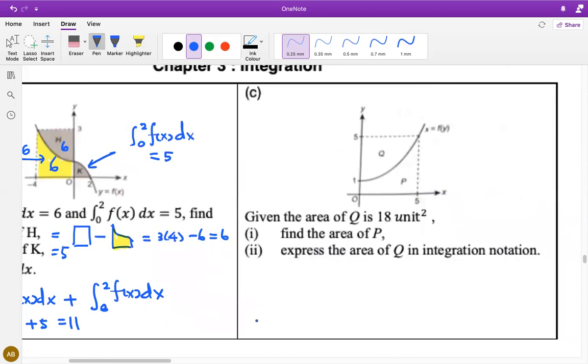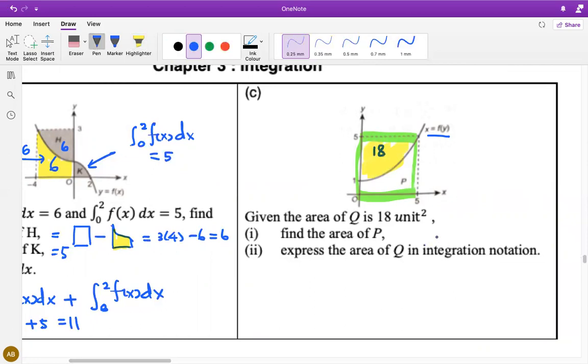All right, C, area of the shaded area of the Q is 18. So this is 18. So how to find the area of P? Okay, this is Fy. So area of P is quite simple. You just find the total area, this area, and then you minus by this area.